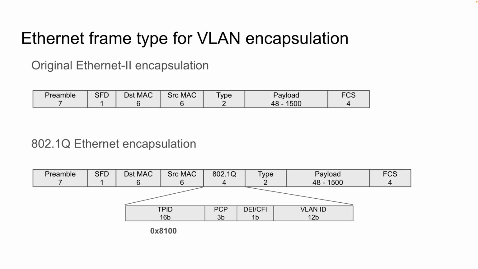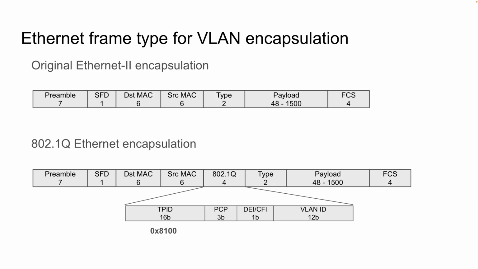Now, these 4 bytes contain the following subfields. First comes TPID, which stands for Tag Protocol Identifier. It contains the value 8100 hexadecimal and points to the structure of the data coming after this field.